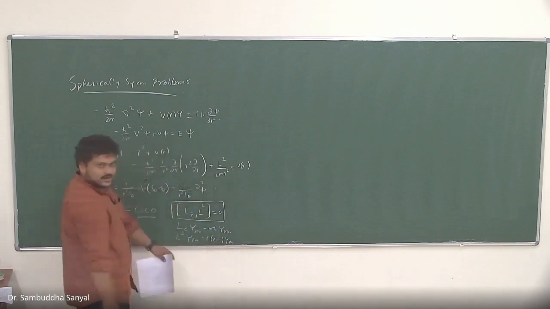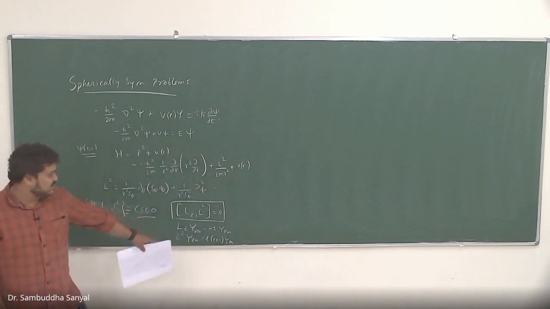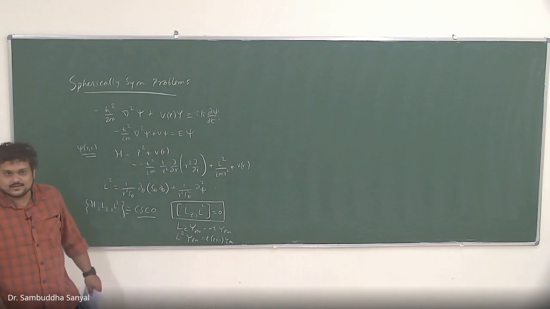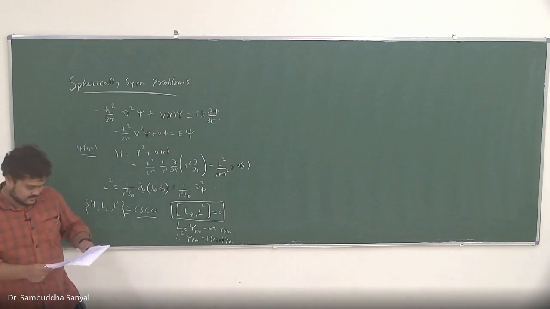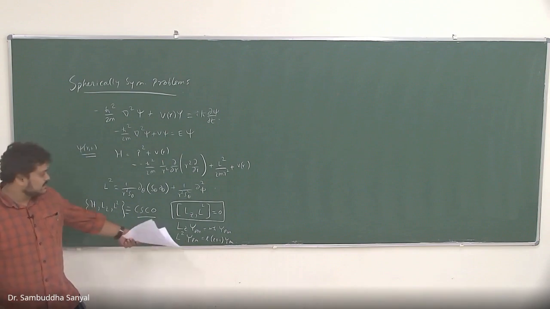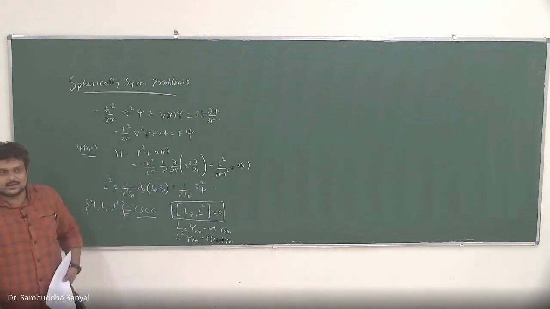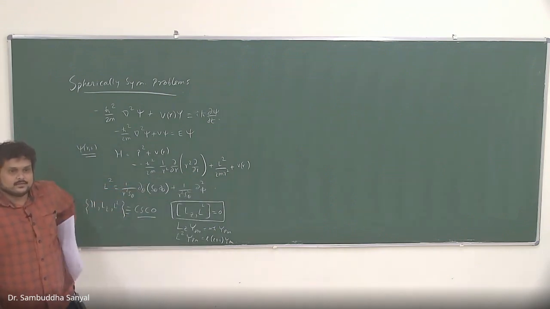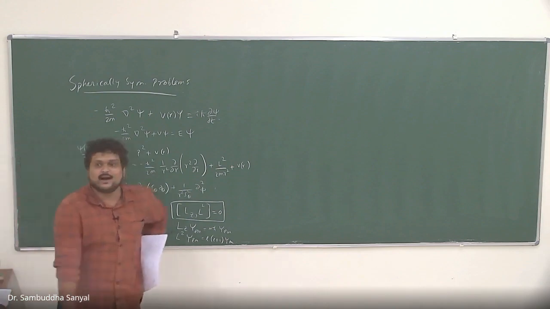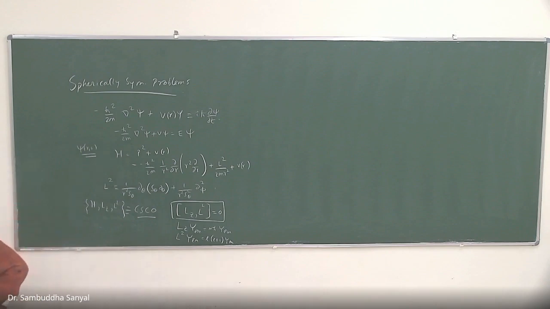Did somebody try to answer this question? Why is it l into l plus 1? At least do you understand that it must be at least l squared, but why l into l plus 1? This is to accommodate the possibility of spin half. If you plot l into l plus 1, you will see the minimum is at half.